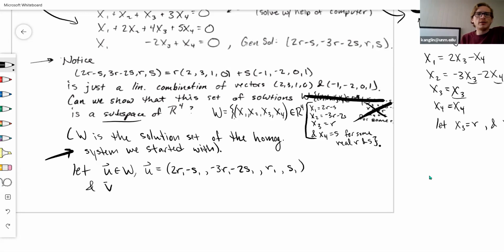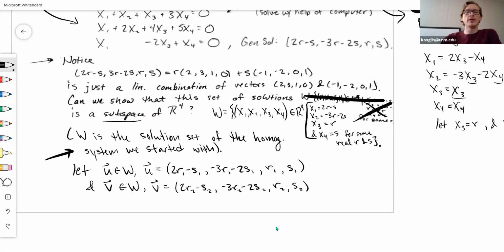And take another vector, V in W, call it 2R2 minus S2, negative 3R2 minus 2S2, R2, S2. The idea is we get something in W for any value of R and S we choose here. One element of W will be this vector where I've plugged in R1 and S1. I'm not saying what those R and S values are, I'm just saying this is one element. We'll label a different one by using different parameter values, R2 and S2 instead.